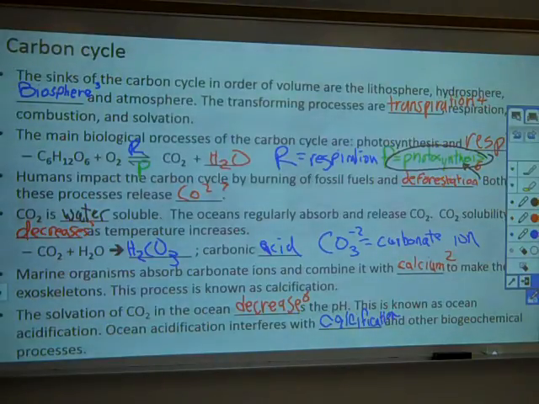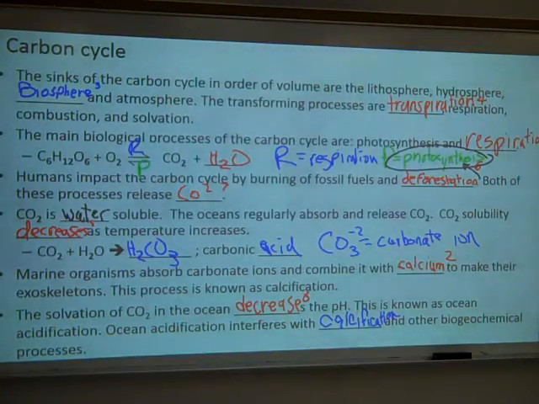So, like many things in nature, it's a very fine balance between having enough carbonate ions in there for the marine organisms to absorb them and build their shells, but not so much that it has affected the pH to the point where, even though you've got plenty of carbonate ions, it actually makes it harder for them to carry out this calcification process.